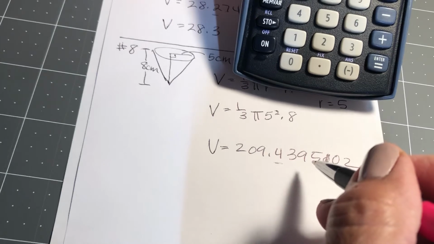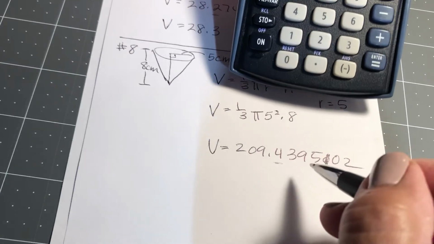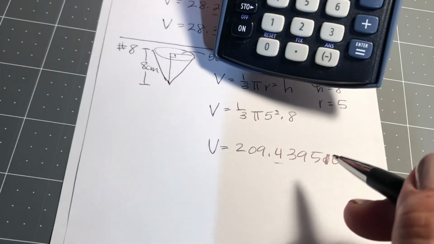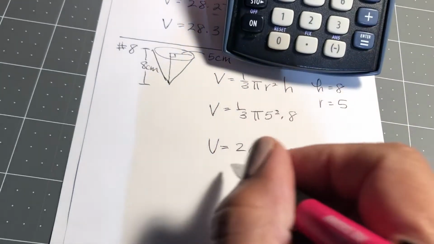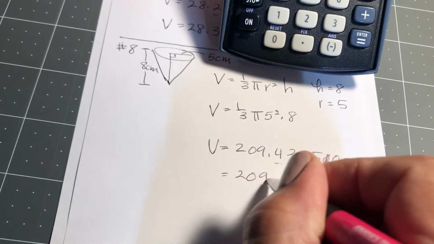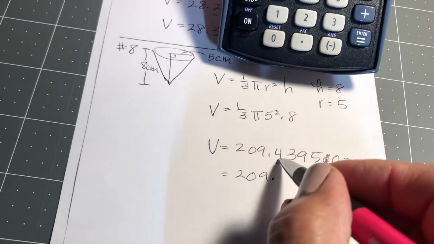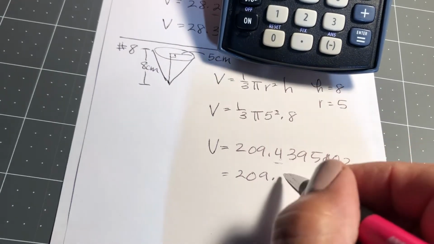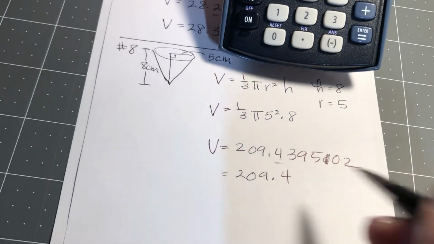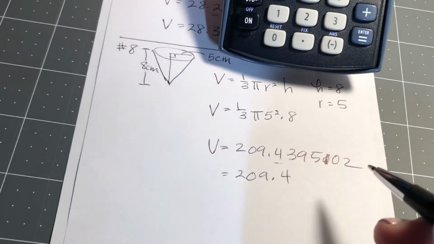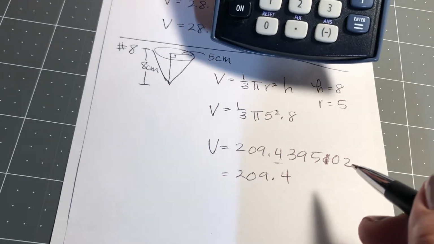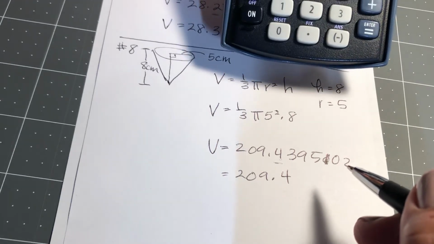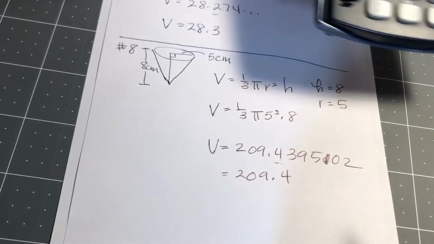Now your answer says 209.3. Mine says otherwise. So we have 209.4, so it stays 4. That's what I got. But your book says 209.3.